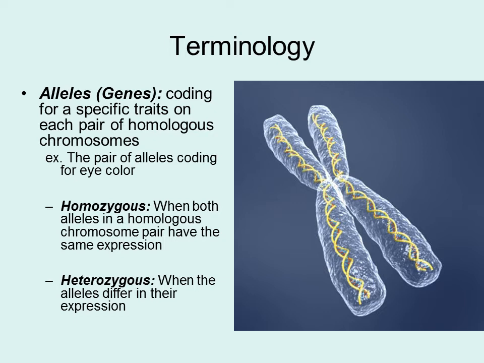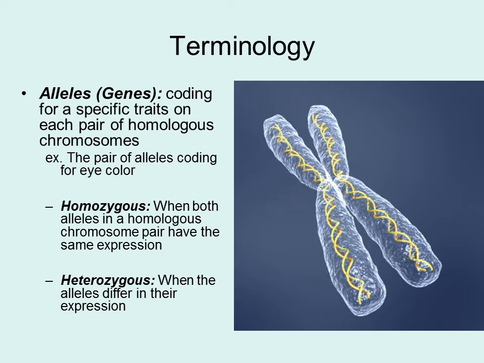It is homozygous when both of those alleles are the same. It's heterozygous when they're different. So if you're talking about eye color, if they're both for, say, blue eyes, then they're homozygous. But if, say, from mom the gene is for blue eyes and dad is brown eyes, then it's heterozygous.